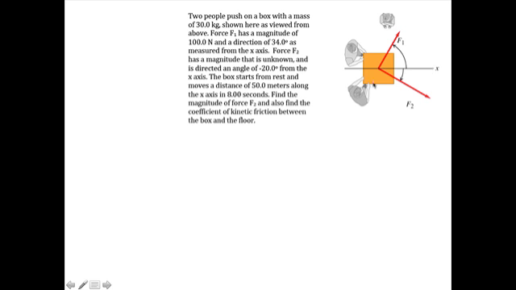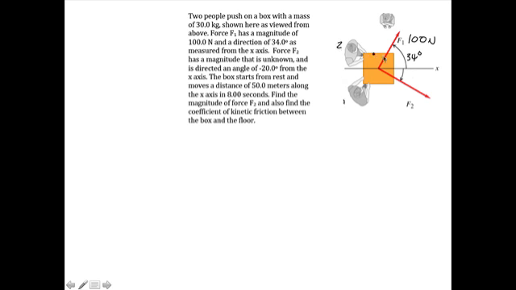And so this person is exerting a force that looks like this, and this person is exerting a force that looks like that. F1 is given to be 100 newtons, and it has an angle of 34 degrees with respect to the x-axis. So this is person 1.